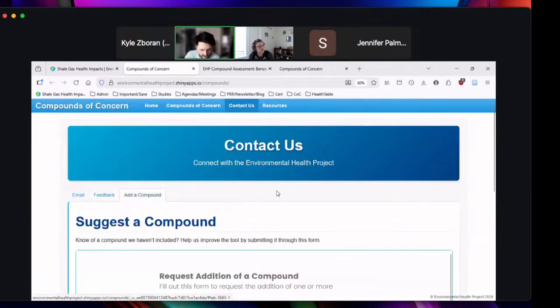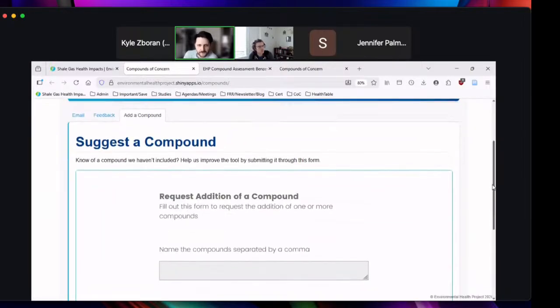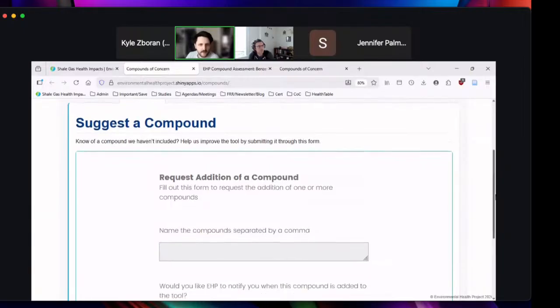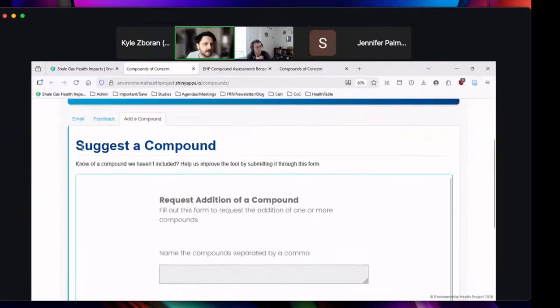But then the last one I wanted to highlight was the add a compound feature. So we are adding compounds, usually one per week, trying to target about 4 per month. And we're really just going based off sampling that we're getting now, or output from different sampling techniques that we have, or lists like TO-15 lists and different regulatory bodies providing lists of compounds that are dangerous.